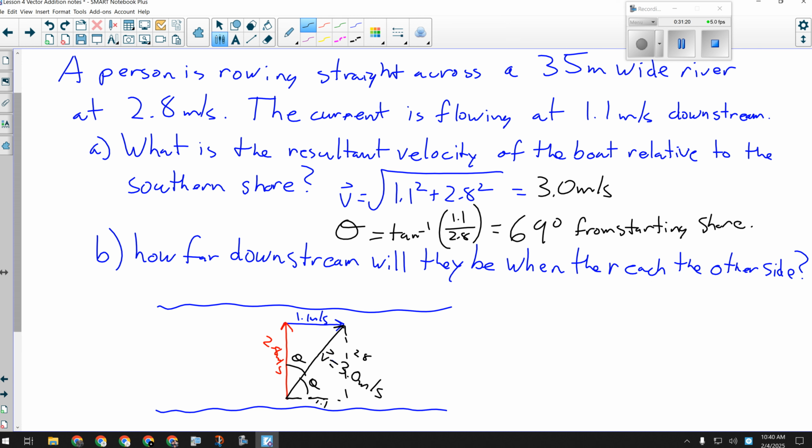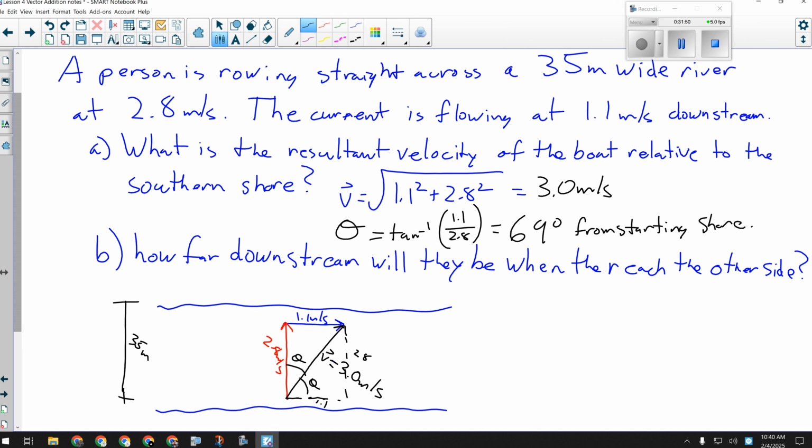Okay, now, how far downstream will they be when they reach the other side? That might be a little trickier. I know how fast they're going in that direction. What do I not know? The time. I don't know how long it takes to get across, but could I find that? Well, I know how far across the river is, right? It says it's 35 meters wide.